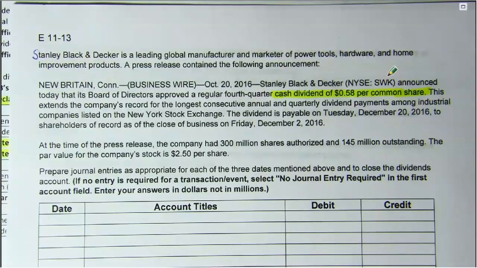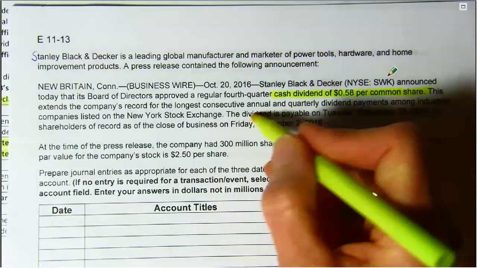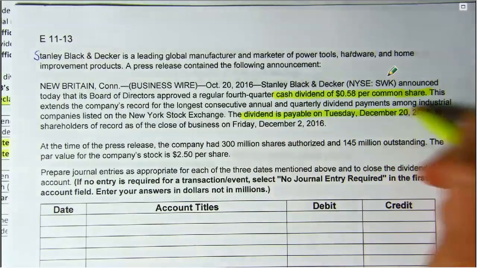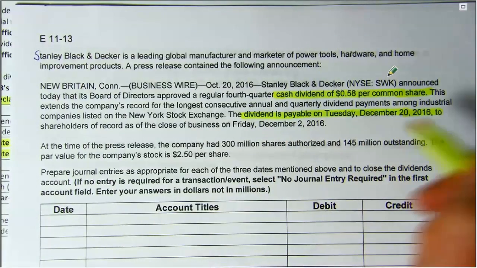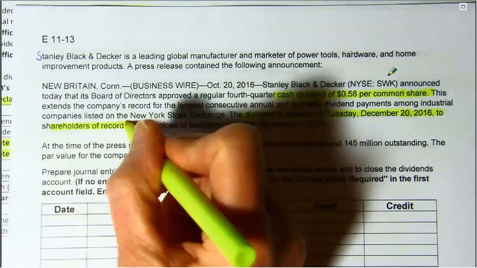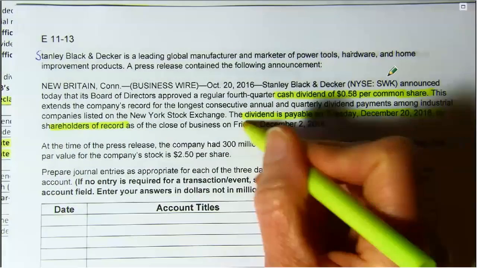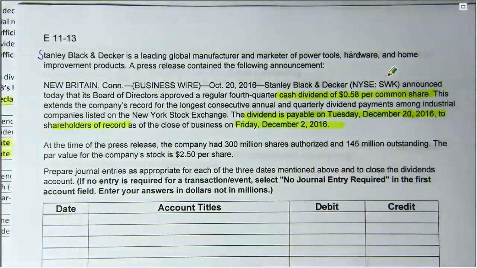This extends the company's record for the longest consecutive, that means one after another, annual and quarterly dividend payments among industrial companies listed on the New York Stock Exchange. The dividend is payable on Tuesday, December 20th, 2016 to shareholders of record at the close of business day, Friday, December 2nd, 2016.